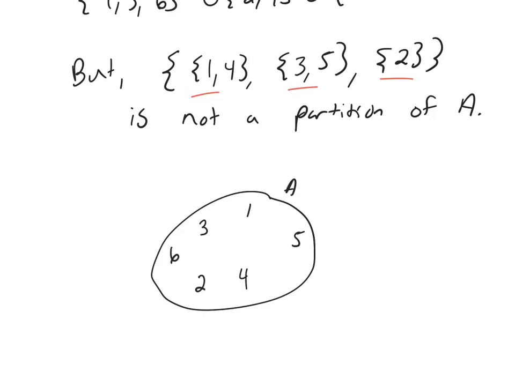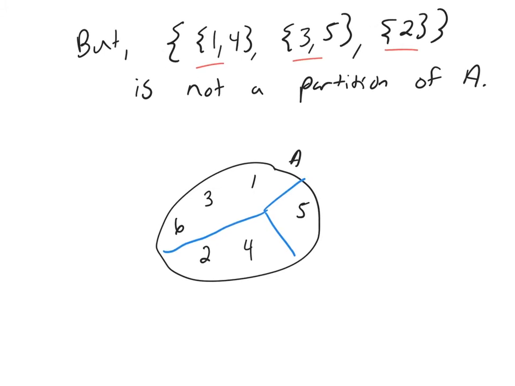And what you're doing is you're breaking this set up into pieces. So you're breaking the circle up into pieces. So you're putting the elements 1, 3, and 6 together, the elements 2 and 4 together, and the element 5. So that would be a partition. You're breaking up your set into these subsets.